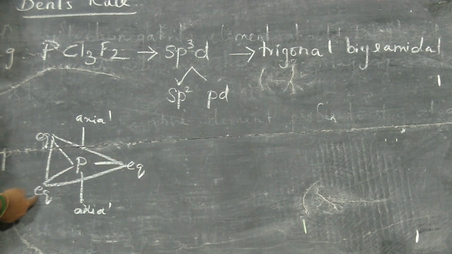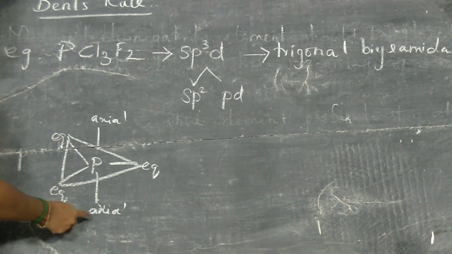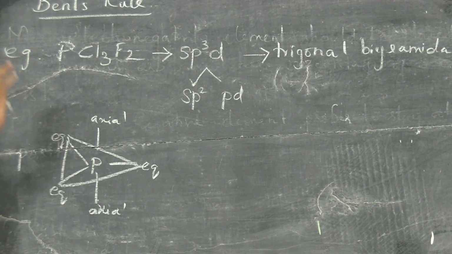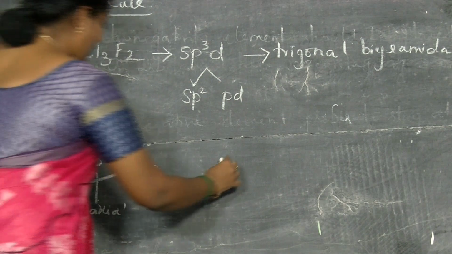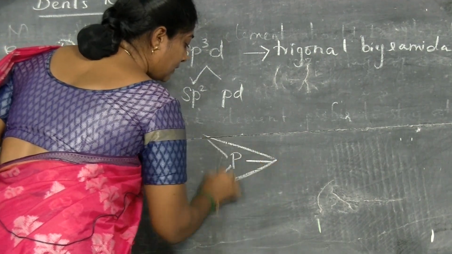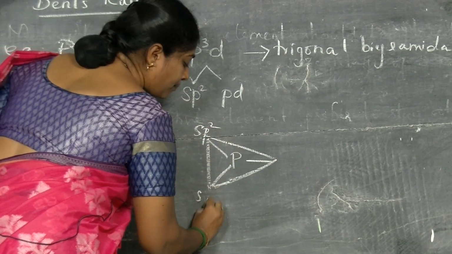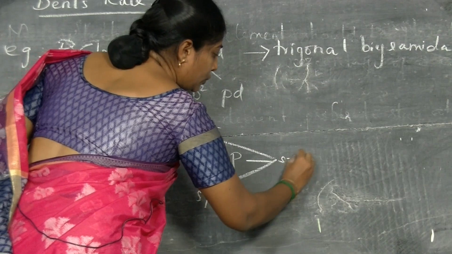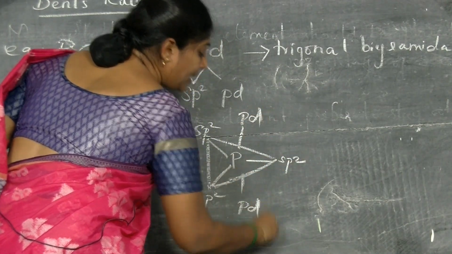These three are equatorial positions. In the axial position, generally the bonds are weaker when compared to the equatorial position. I can write it like this: sp2, sp2, sp2, and here pd, pd.